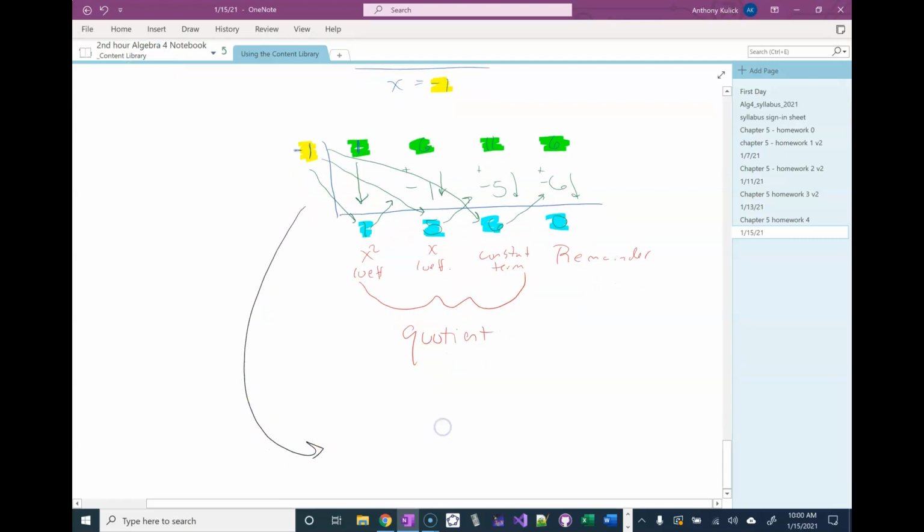So what this tells me then is x cubed plus 6x squared plus 11x plus 6 divided by x plus 1 is equal to x squared plus 5x plus 6.